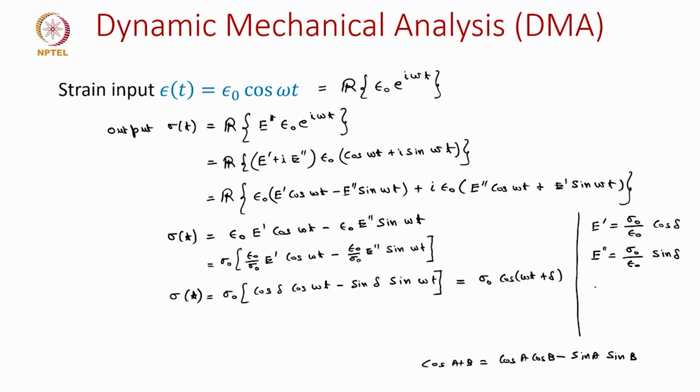Now, we can see that we should be able to write this tan delta, which is simply the ratio of the loss modulus by the storage modulus. So, in the literature of these polymers, tan delta is very commonly used, because tan delta is one of the ways to find the glass transition temperature, that we will discuss more in the next class. But let us identify that delta is an important quantity, and that is why we are looking at it here.